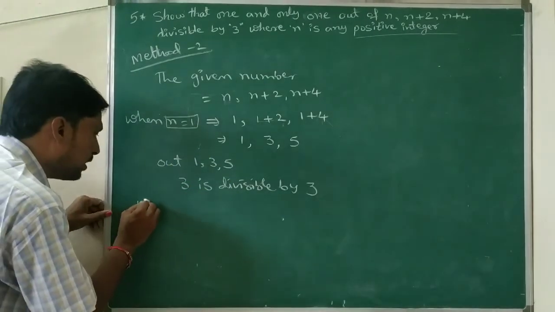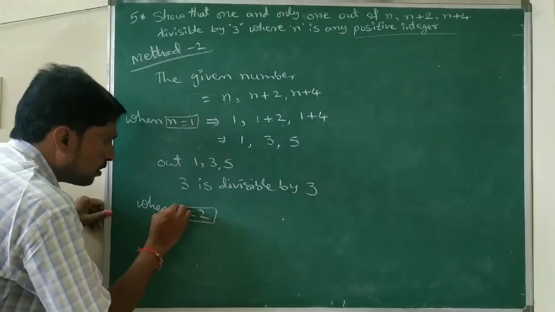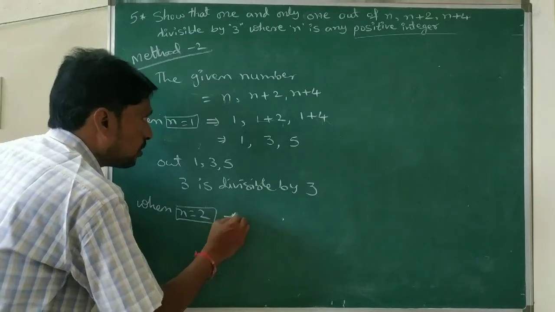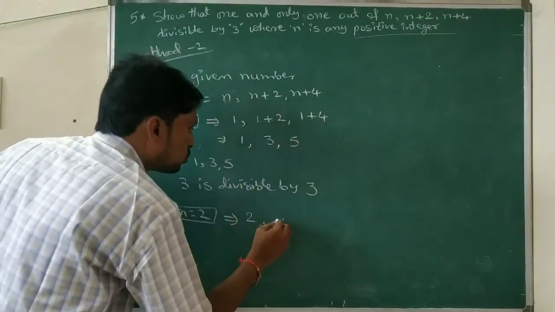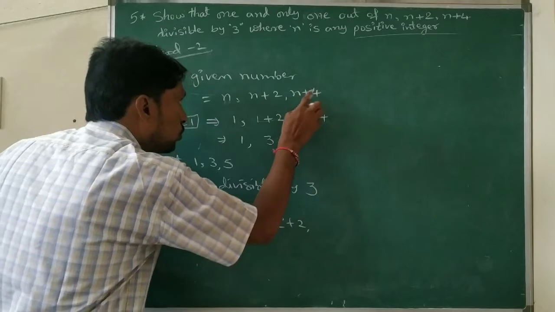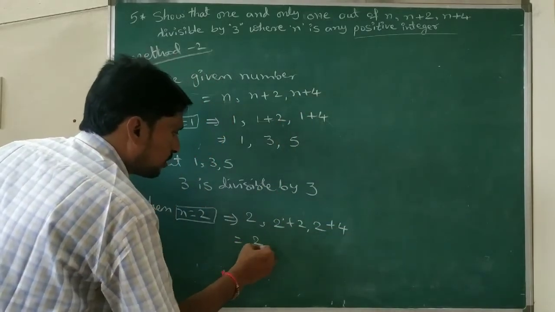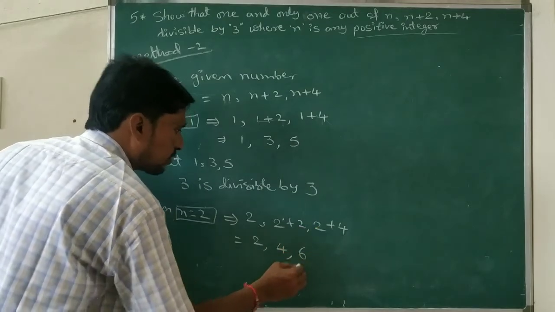Next, when n equals 2, we are taking n value as 2. So n means 2, 2 plus 2, 2 plus 4, that equals 2 as it is. 2 plus 2 is 4, 2 plus 4 is 6.